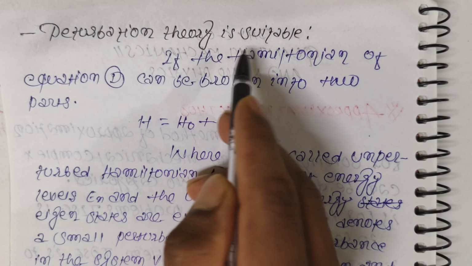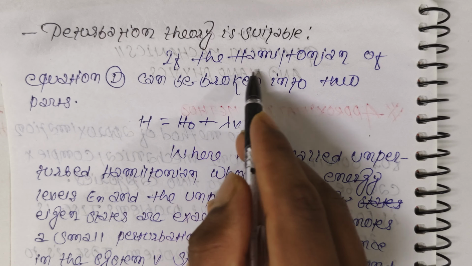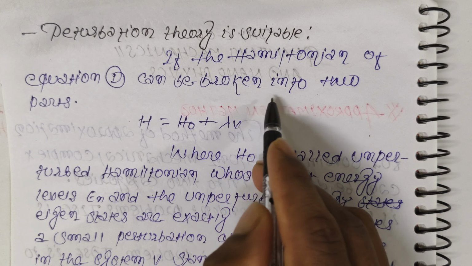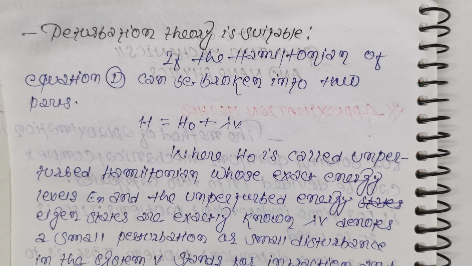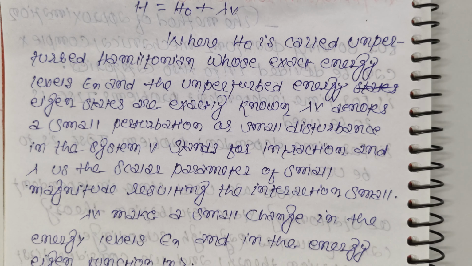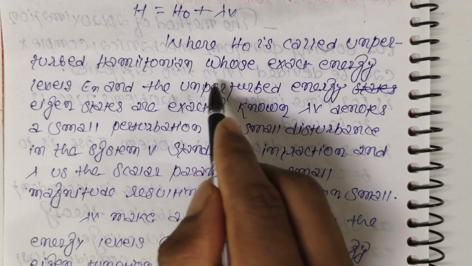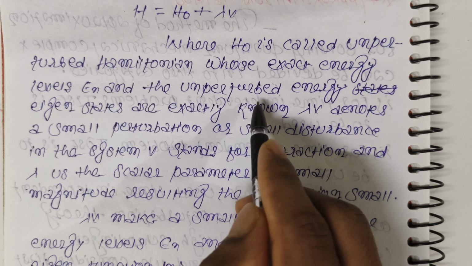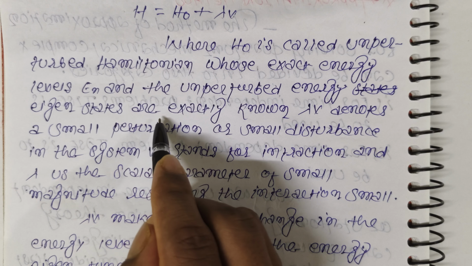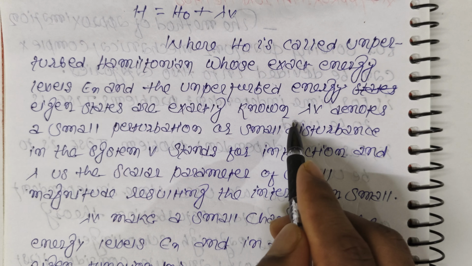First, we know perturbation theory is suitable if the Hamiltonian of equation 1 can be broken into two parts. H is equal to H naught plus lambda V, where H naught is called the unperturbed Hamiltonian, whose exact energy levels En and the unperturbed energy eigenstates are exactly known.